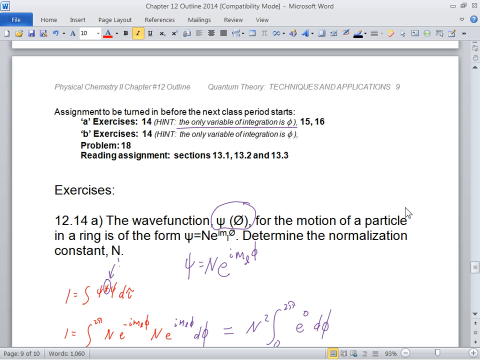Now the next question is, show that two wave functions for a particle in a ring of different m sub l are orthogonal. Read the 14b question. It fits perfectly. Then it's obvious. You're supposed to use this twice.